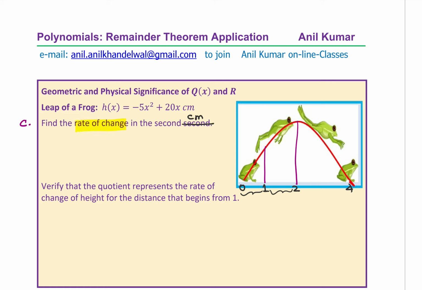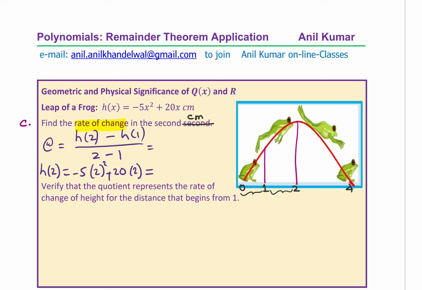One is we can find this rate of change by using a formula: the position at the second centimeter minus the position at 1, over 2 minus 1, correct? So that becomes the rate of change. So if I plug in 2 here, what do we get? What is h of 2 equal to? h of 2 will be minus 5 times 2 squared plus 20 times 2, which is basically minus 5 times 4, which is minus 20, plus 40.